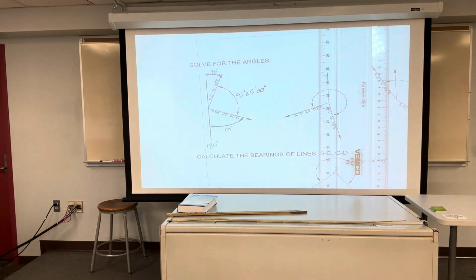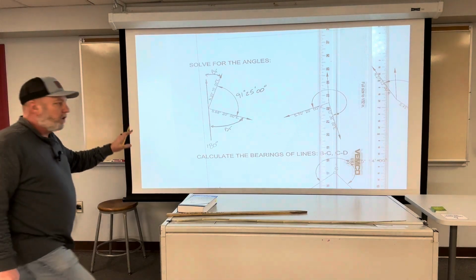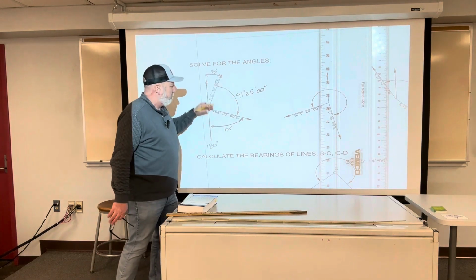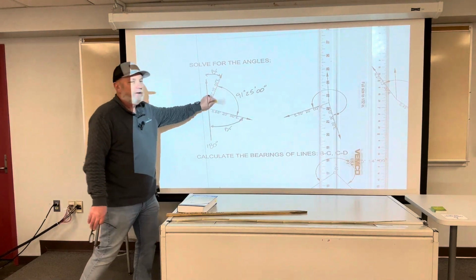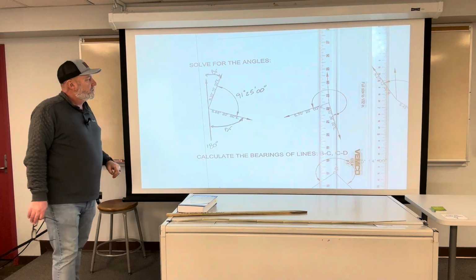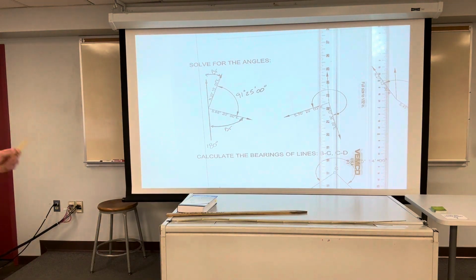Okay, something else I would like for you to do after you do a math problem like this. Now, bear in mind, those first ones we were doing, I was just roughly drawing lines in the general area. If you're looking at an actual survey plat, these bearings are going to be drawn correctly. So if you are calculating an interior angle between some bearings like this, once you come up with your answer, just take a visual look.